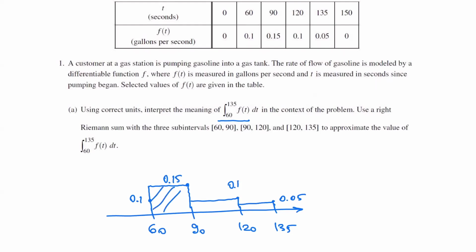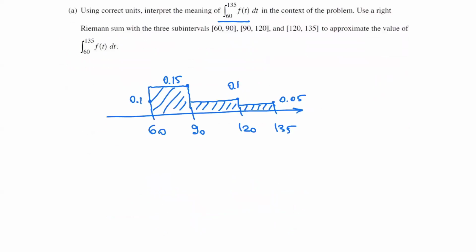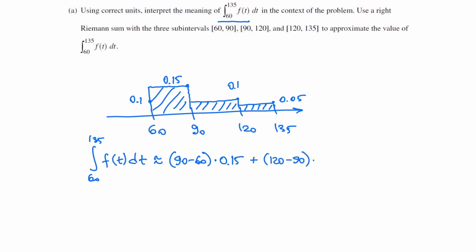Then we just need to find the area of these three rectangles, multiplying base times height three times. So the integral from 60 to 135 of f of t dt is approximately equal to 90 minus 60, this is base times height, 0.15, plus 120 minus 90 times 0.1, plus 135 minus 120 times 0.05.